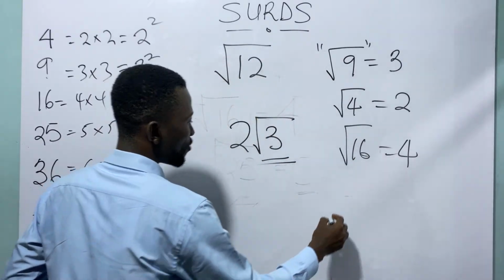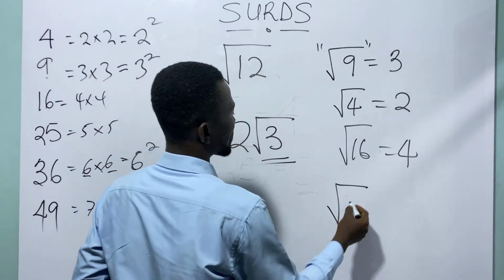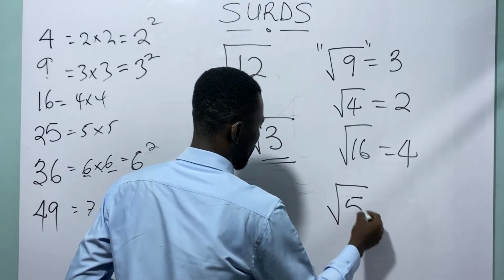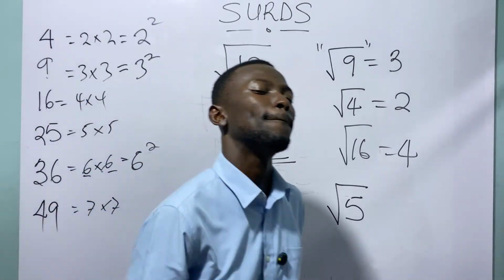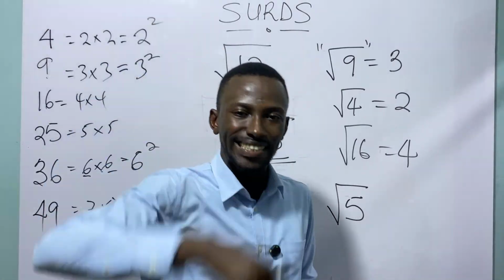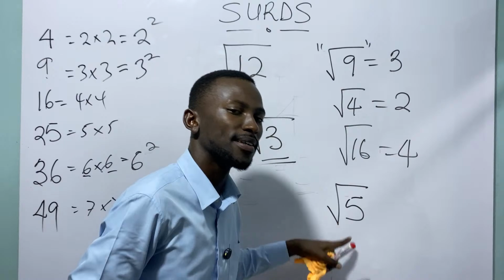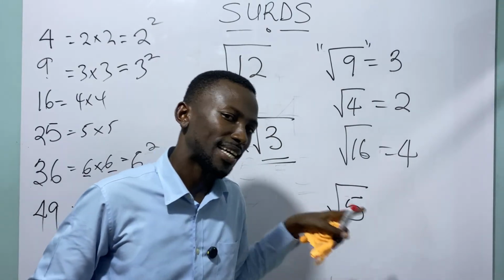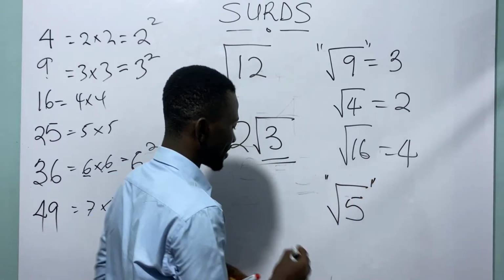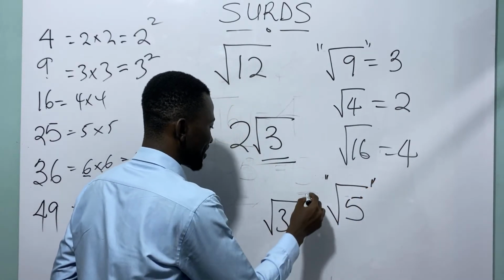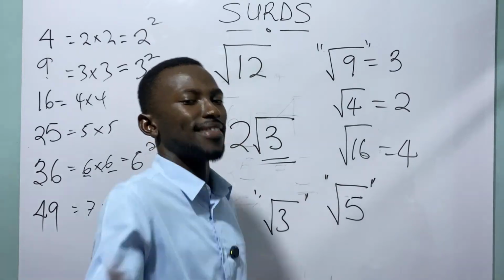But if you have root of a certain number, for example, 5, and you cannot simplify it into a whole number or a simple fraction, then that number becomes a surd. So root 5 is a surd. Root of 3 is a surd because you cannot simplify them.